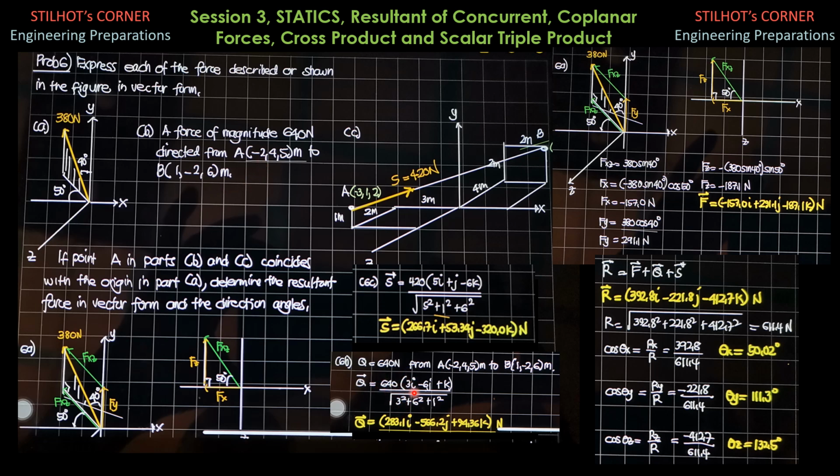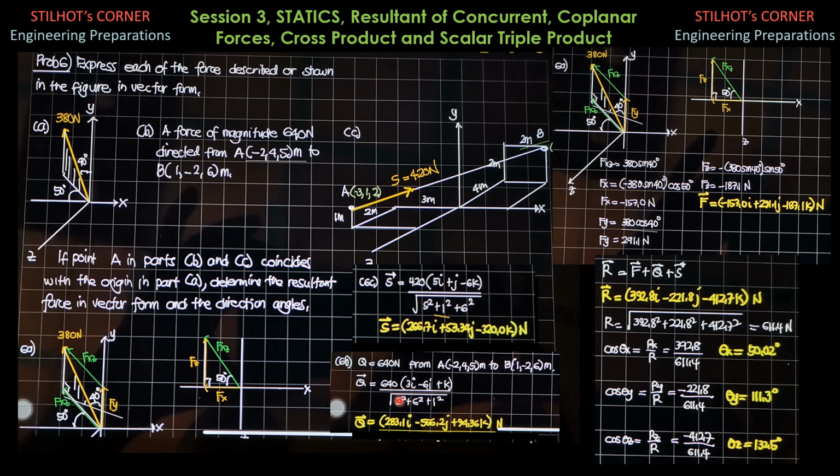So that's why 1 minus negative 2 is positive 3i. Magnitude, quantity 3i. Then negative 2 minus 4, so negative 6, so minus 6j. Then 6 minus 5 is 1, so 1k, divided by the distance.